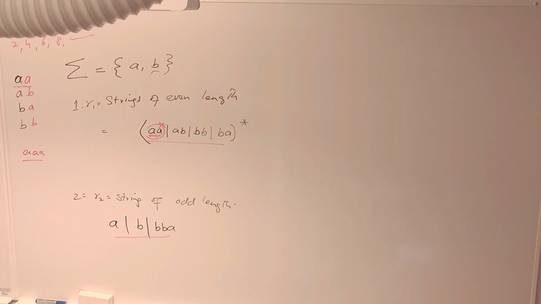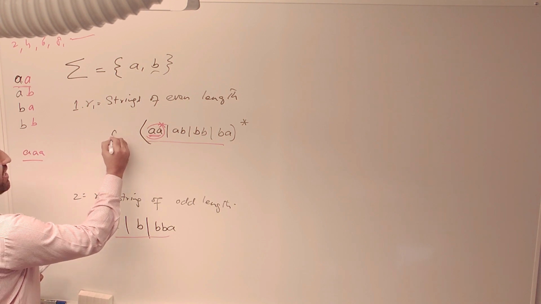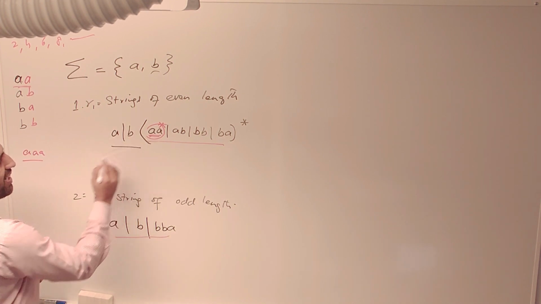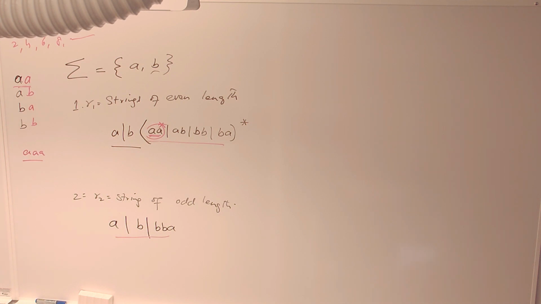It might be the first one, but adding A or B in front of it. Exactly, because odd is what you get if you add just one to any even number. So if you have defined it for the even length, and before that you add just one A or B, you will get a string of all the different possible words over the alphabet A and B, where the length of strings will be an odd number instead of even.